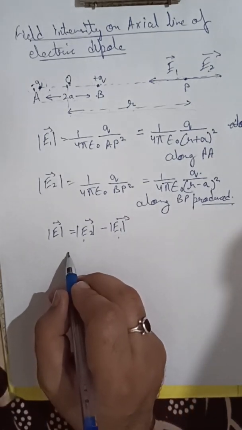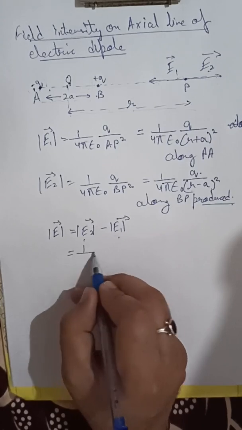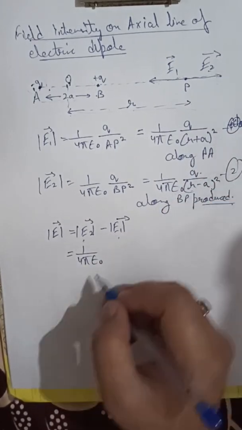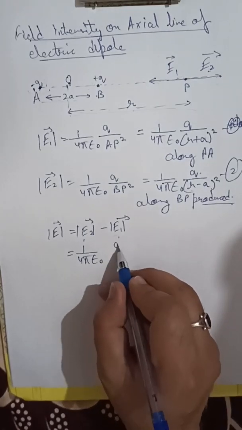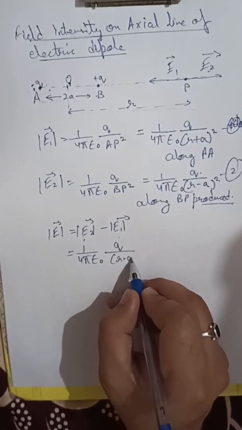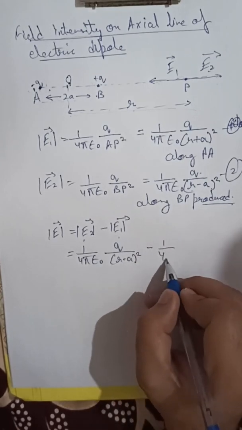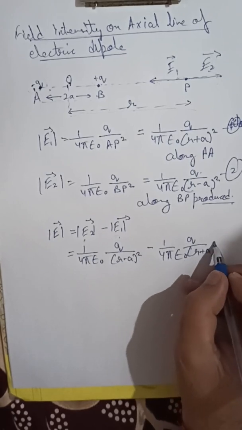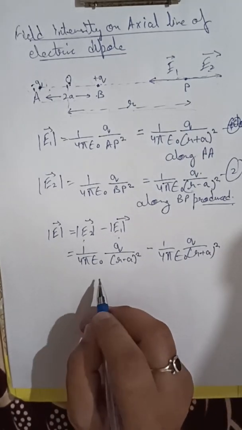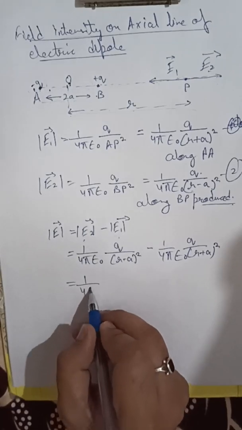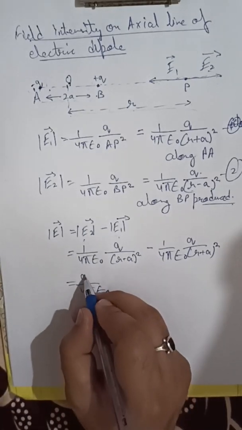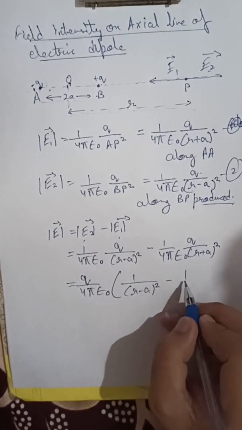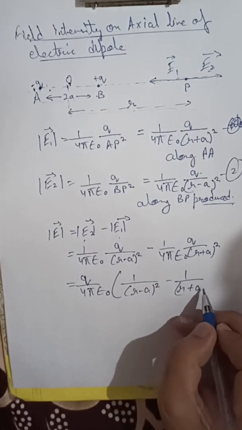Therefore we write 1 by 4 pi epsilon naught, take it first, and from both of these equations we will find q upon R minus A whole square minus 1 upon 4 pi epsilon naught q upon R plus A whole square. So combine these. q is also common, we will take here 1 upon R minus A square minus 1 upon R plus A square.